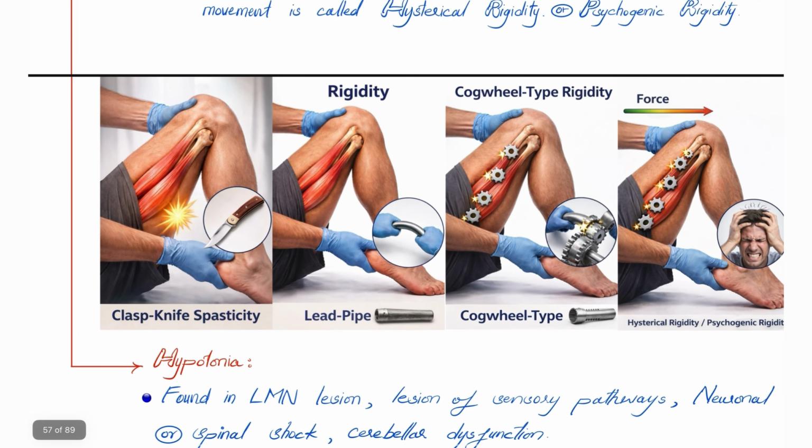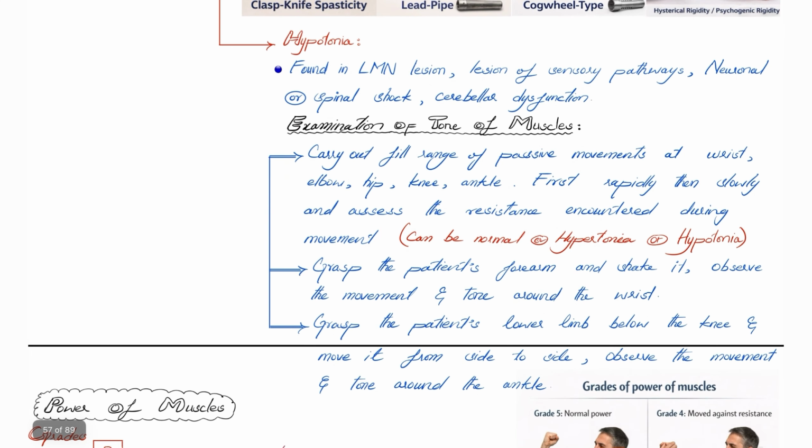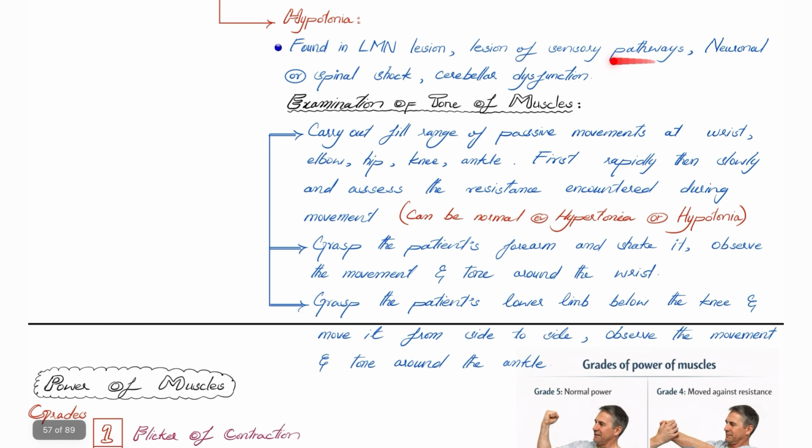So there is no organic cause for the hypertonia. When the tone of the muscles decreases, this is called hypotonia. So it is found in lower motor neuron lesion of sensory pathways, neuronal or spinal shock, and cerebellar dysfunction.